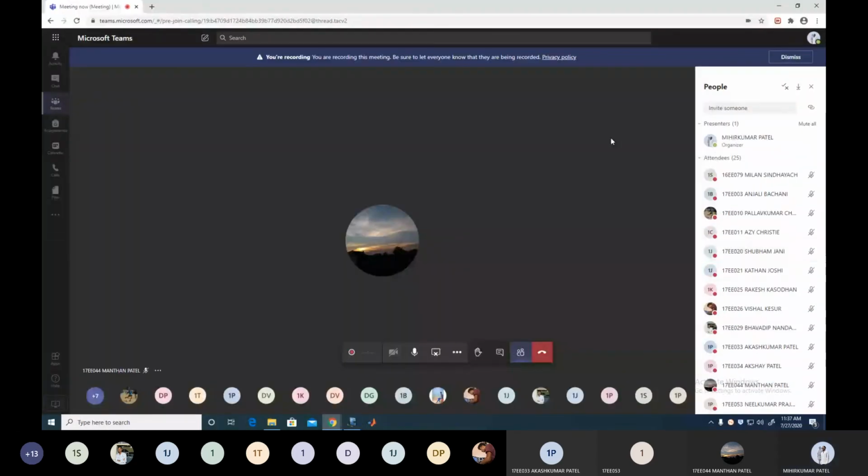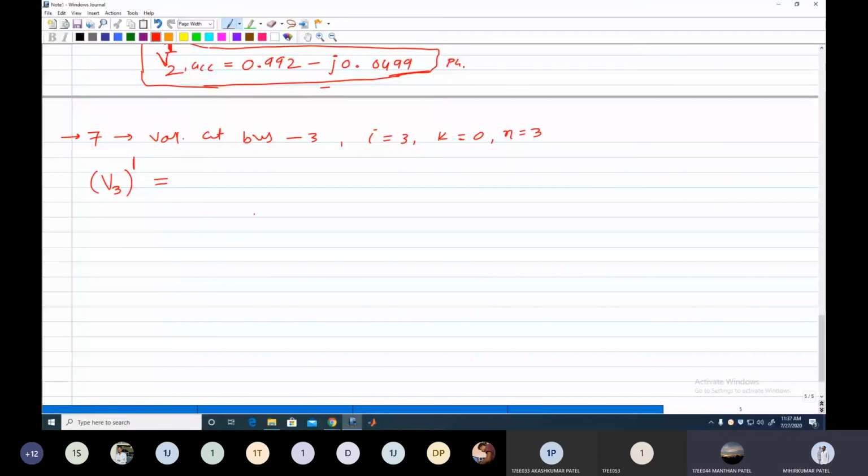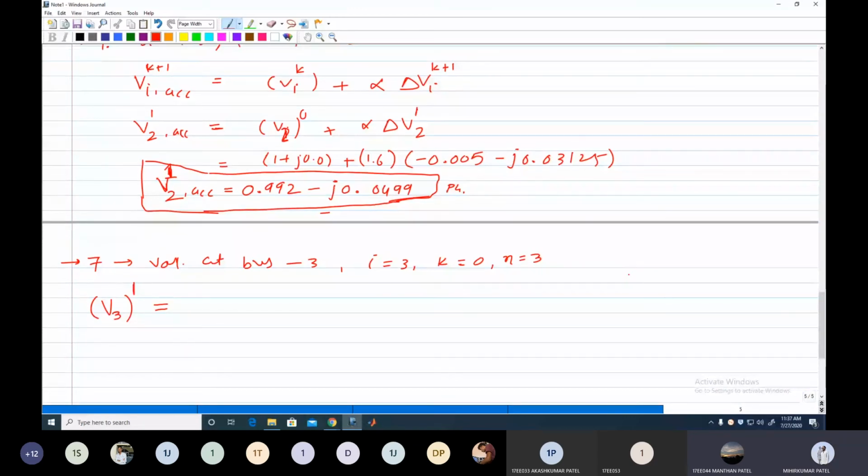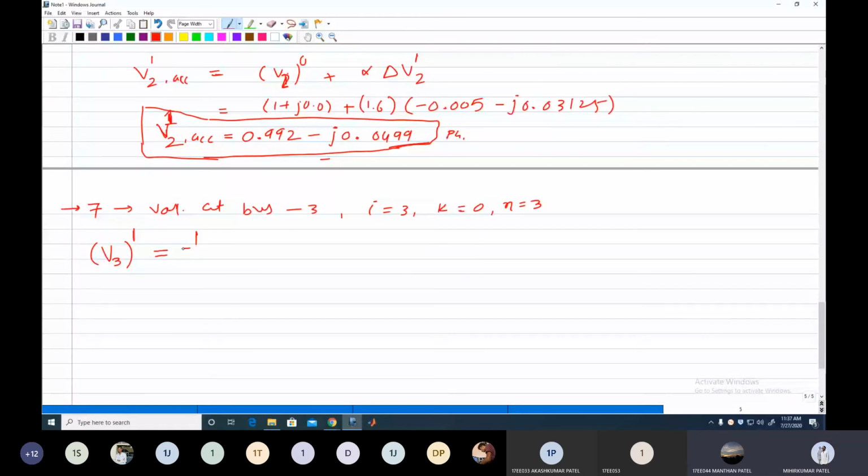Yes, 1 divided by Y33 into bracket P3 minus jQ3 upon V3 0 conjugate.